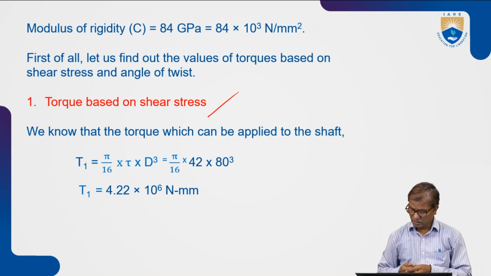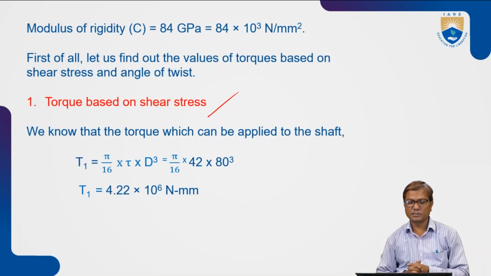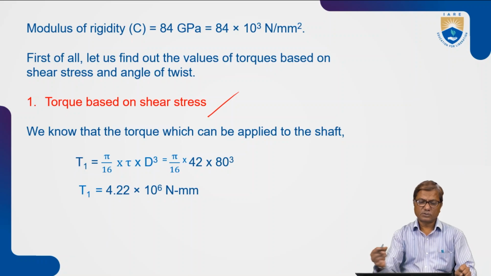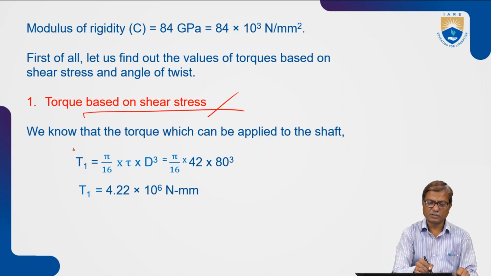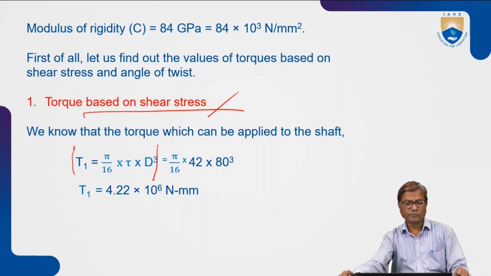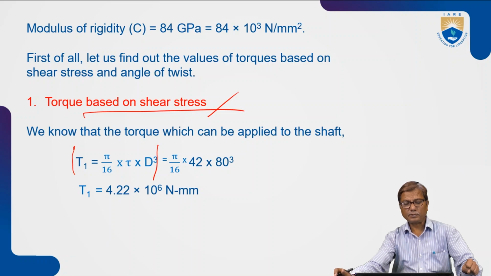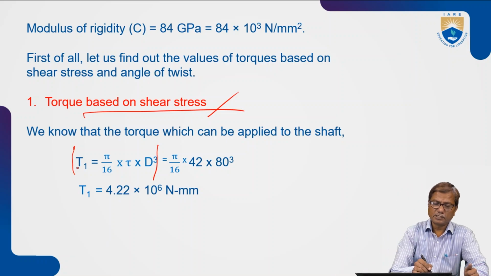The modulus of rigidity given in the problem is 84 gigapascals. What is the formula we have to use? T equal to pi by 16 tau into d cubed.